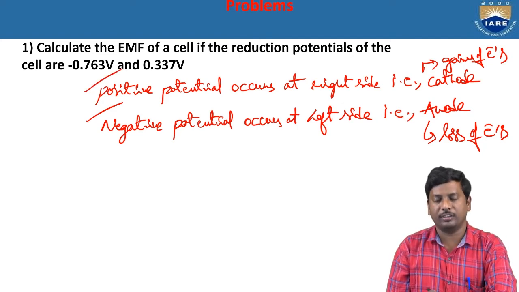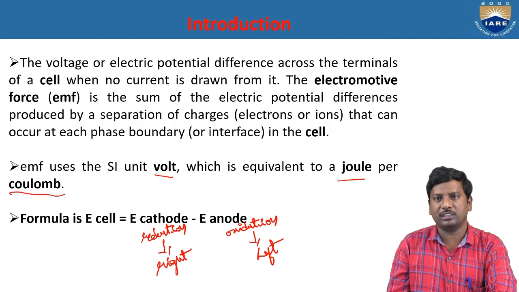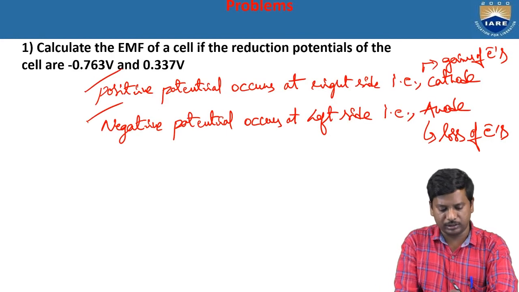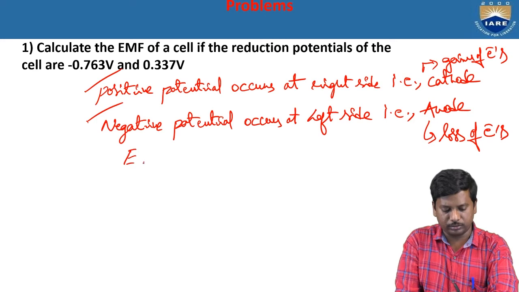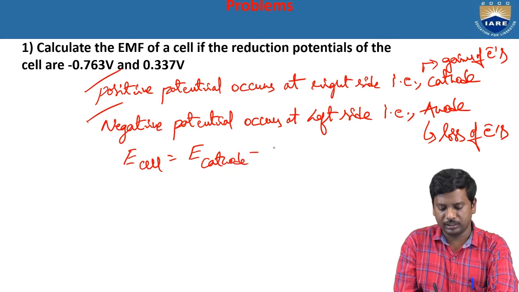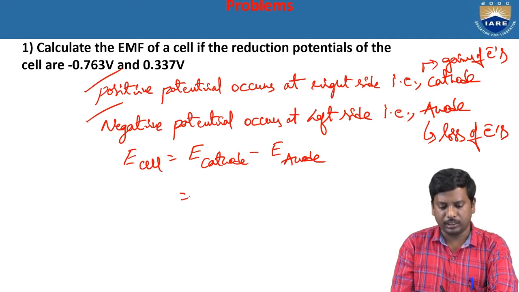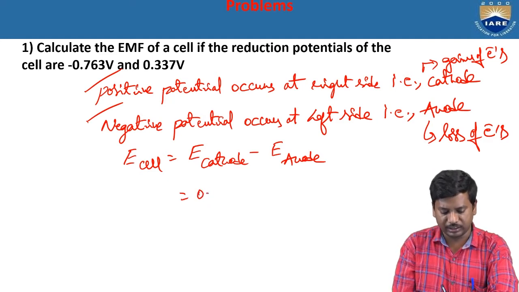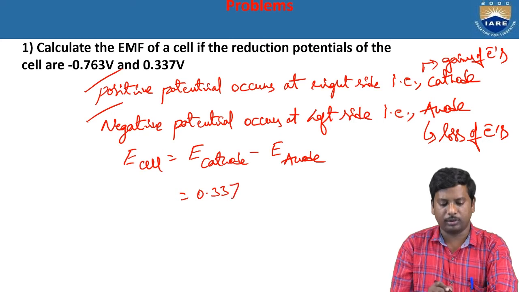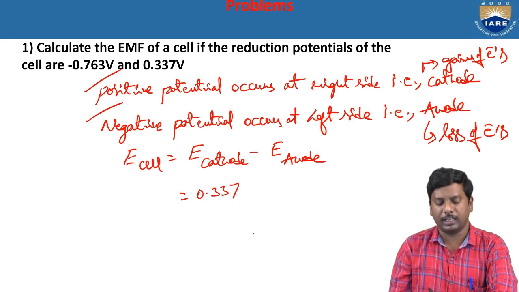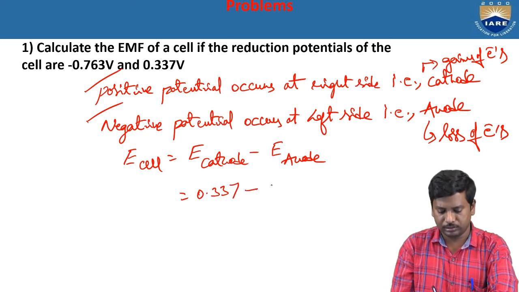Now as per the given formula, EMF of a cell is equal to the potential at the cathode minus the potential at the anode. What is the potential at the cathode? 0.337, the positive potential belongs to the cathode.